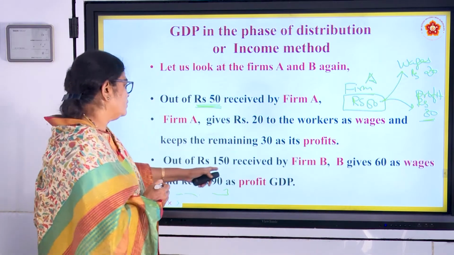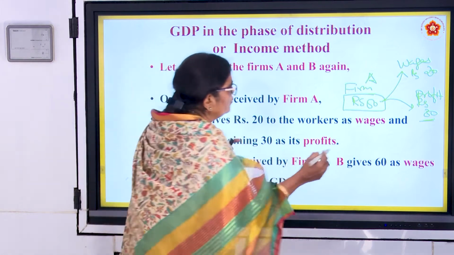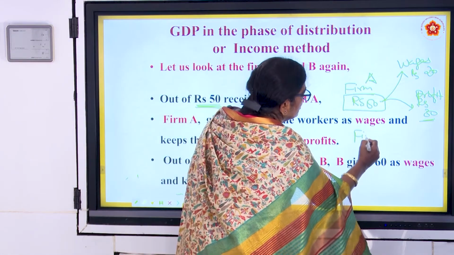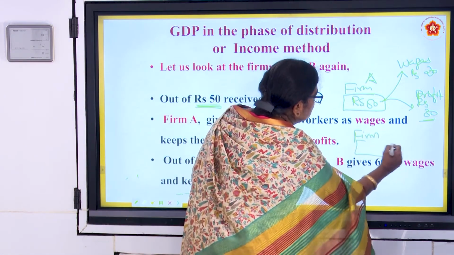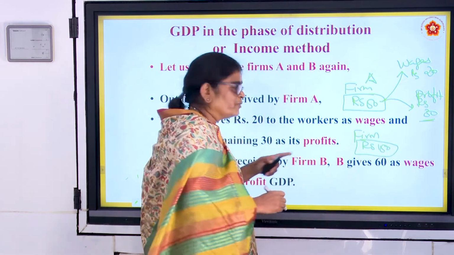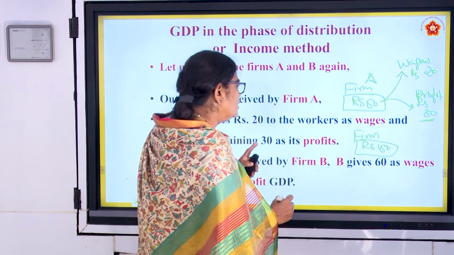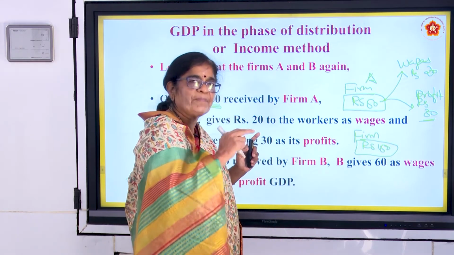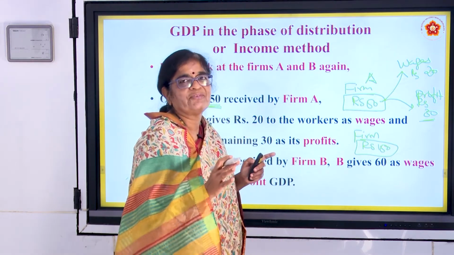And firm B, we assume firm B has received rupees 150. The income of firm B is rupees 150. There are only two factor payments, wages and profit, we assume.